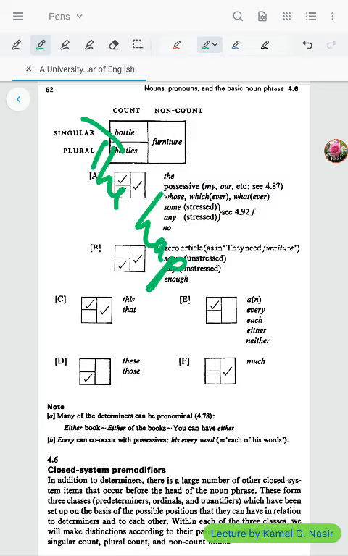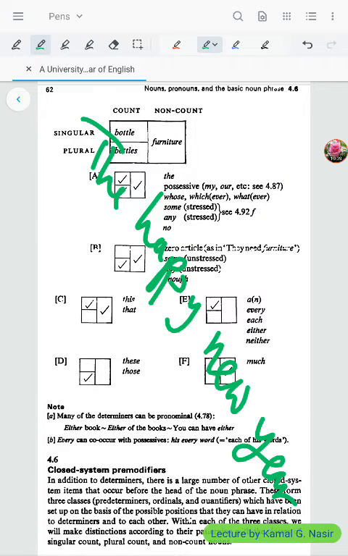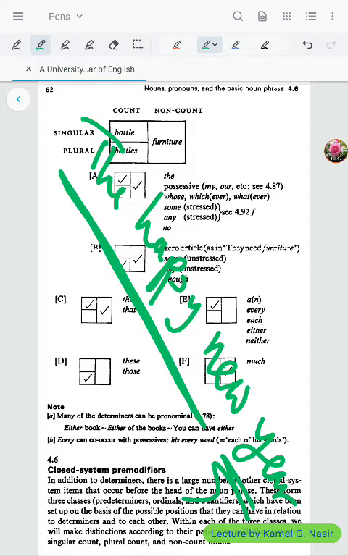According to this classification of determiners and predeterminers, where is the noun here?